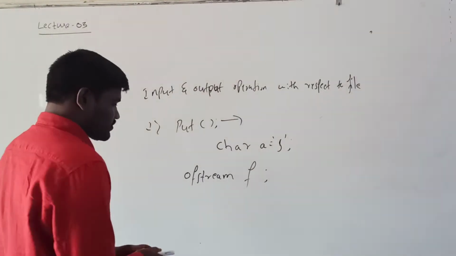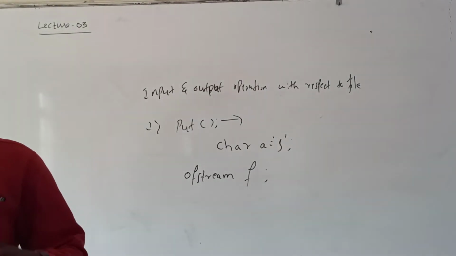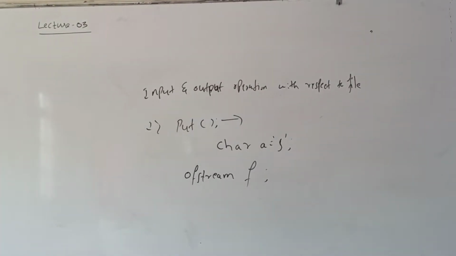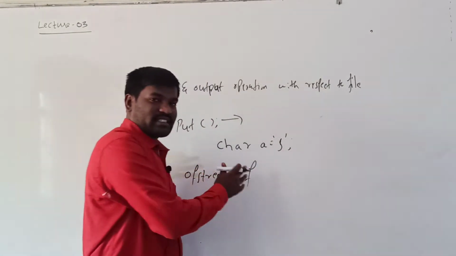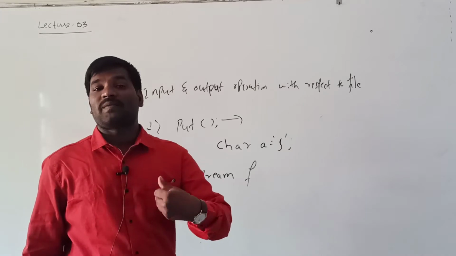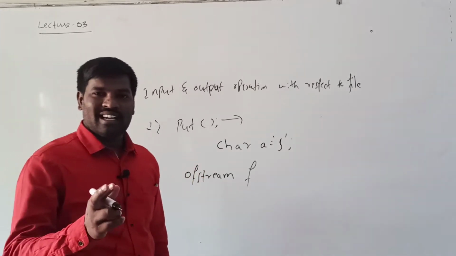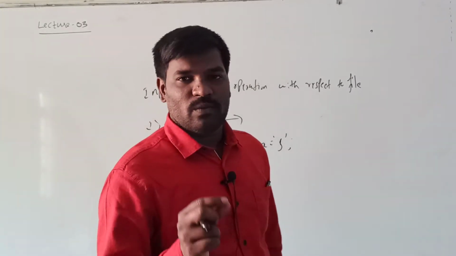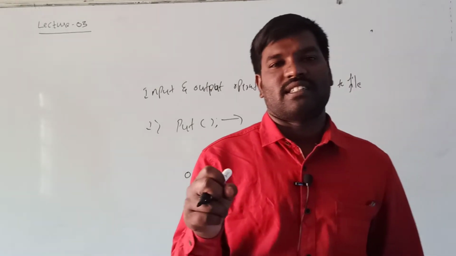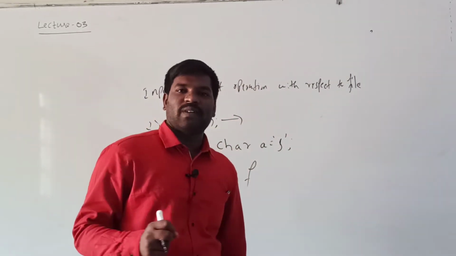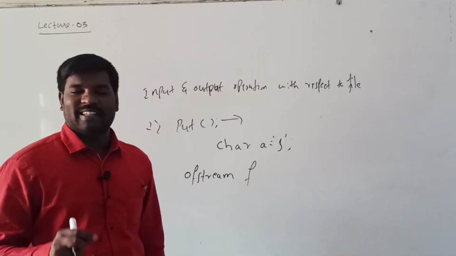Once the object is created, we have to open the file. There are two methods to open the file: the first is using the constructor, and the second is using the open method.